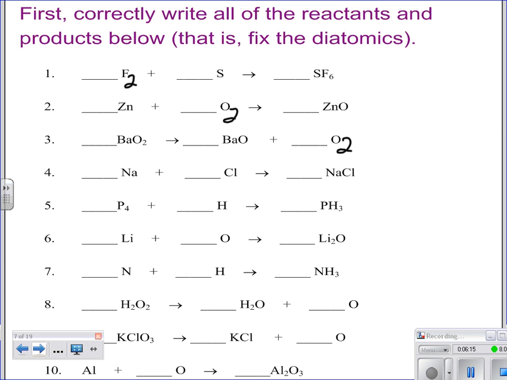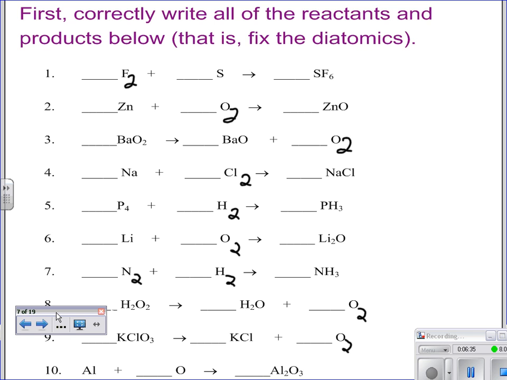I'll go through these kind of quickly. Number 4, which one? Cl, chlorine. Number 5, hydrogen. 6, oxygen. What about 7? Good, both of them. Nitrogen and hydrogen. Number 8, we just see oxygen, as well as number 9 and number 10.